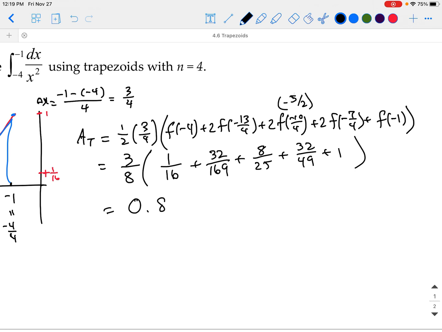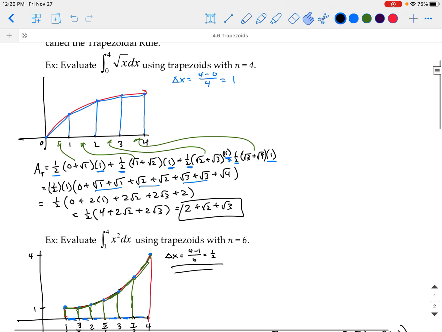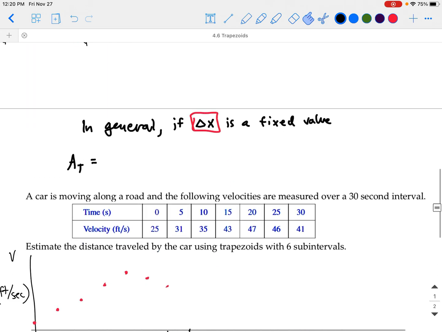And it looks like we get 0.83434133763. Just remember, you have to have at least 3 decimal places, so 0.834 would be perfectly fine as an answer, but you can also include more. All right, so these are kind of 3 standard examples that you'll see from the textbook as well.